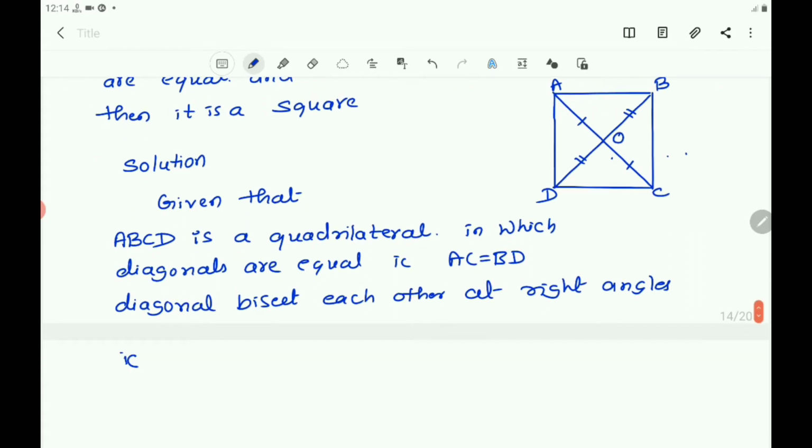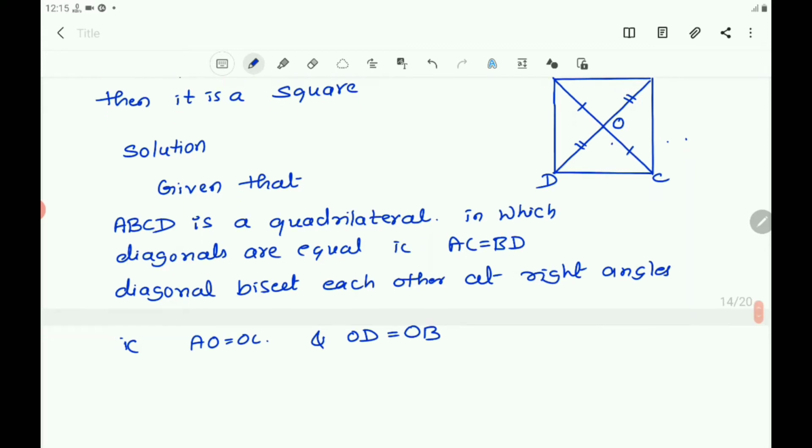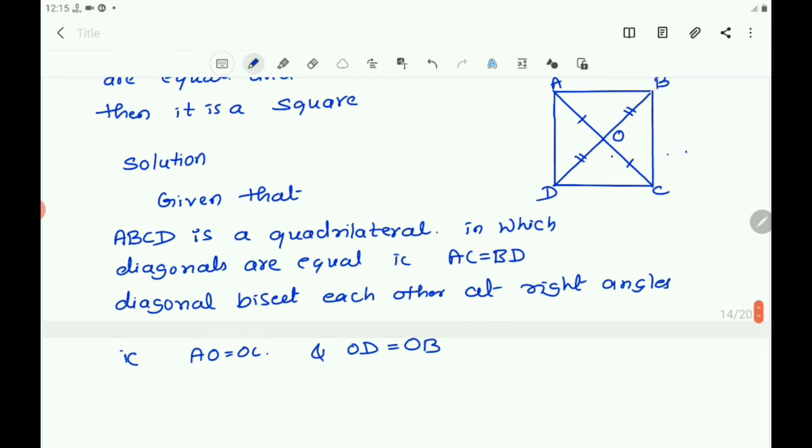Diagonals bisect each other means AO equals OC and OD equals OB, and at point O all four angles are right angles. That is given here. Angle AOB equals angle BOC equals angle DOC equals angle AOD equals 90 degrees. Diagonals are equal means AC equals BD is given.